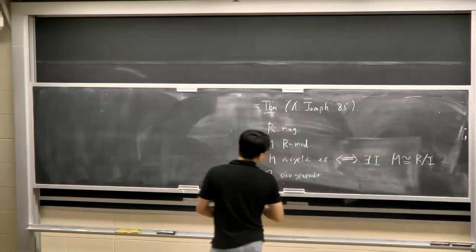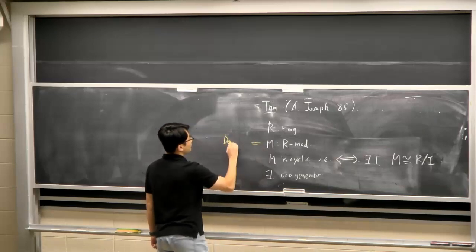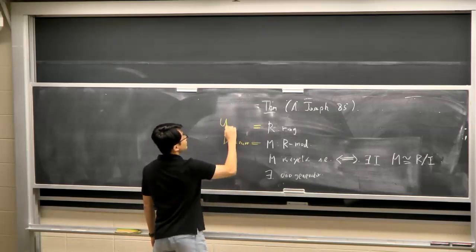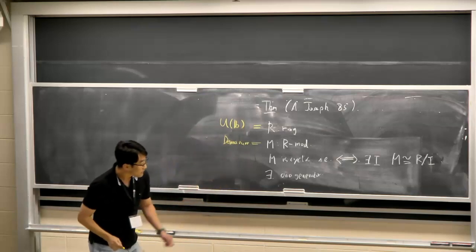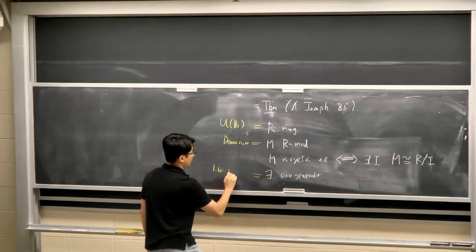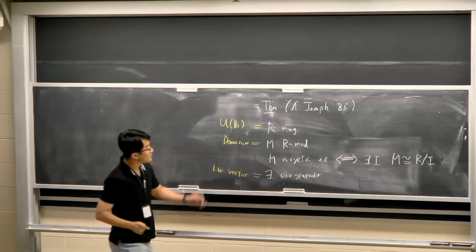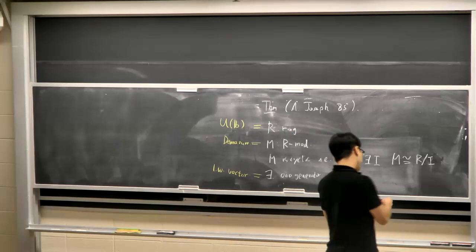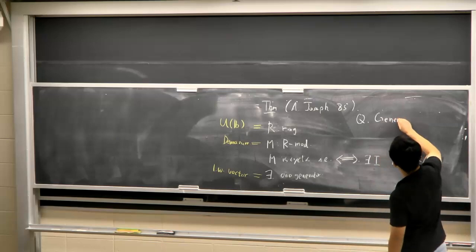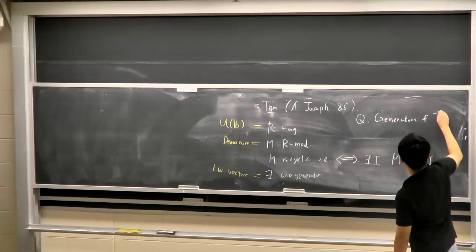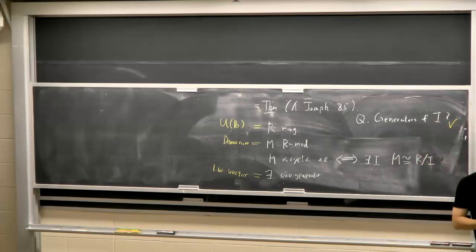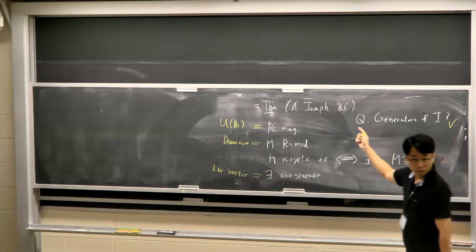Anthony Joseph thinks about the ring as the universal enveloping algebra, and the module has one generator, which is the Demazure module. And then in this framework, you can ask what is the generator of this ideal I. Anthony Joseph answered that question. That is theorem number one.